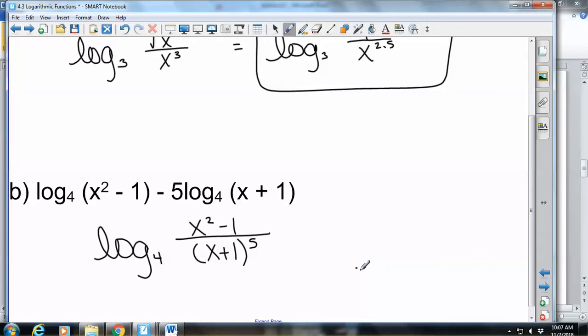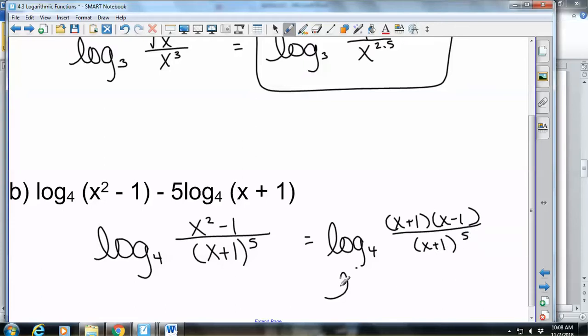Any questions using these properties? Yes. We should simplify that too. We could, really. What could you do with x squared minus 1? Break it apart. That's the difference of squares. It would factor into x plus 1, x minus 1.